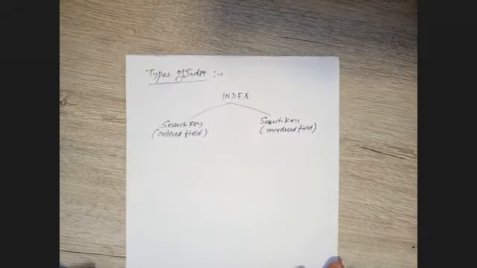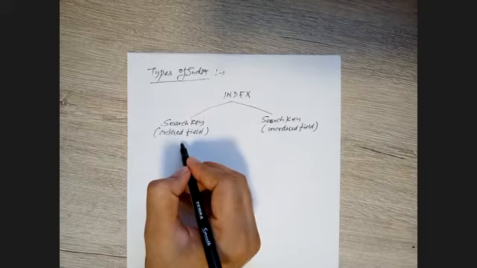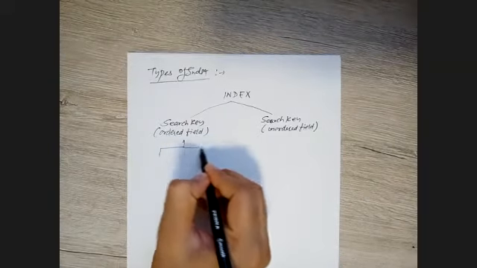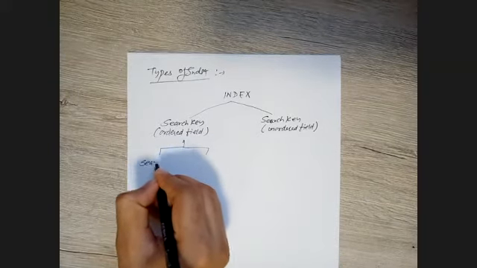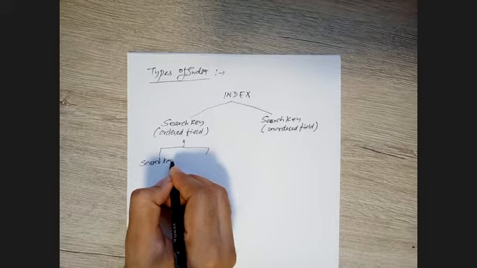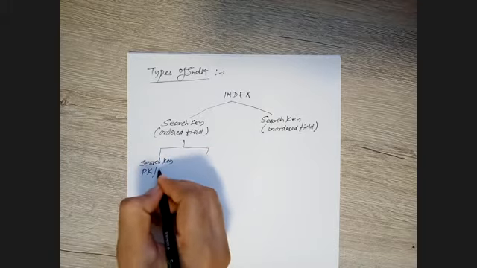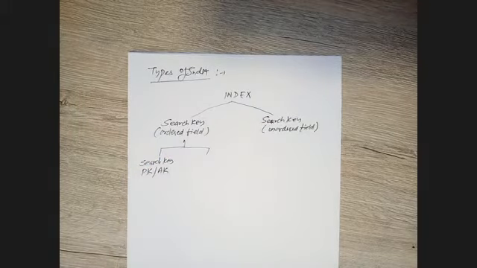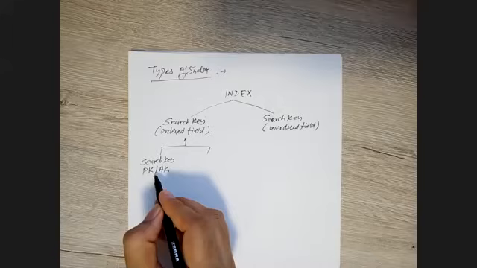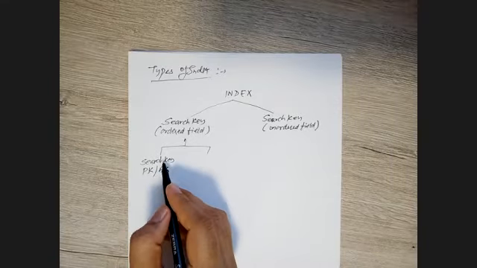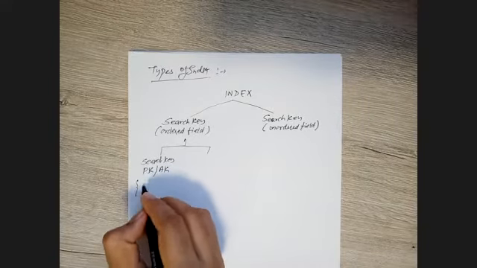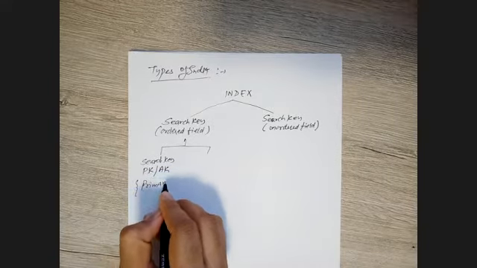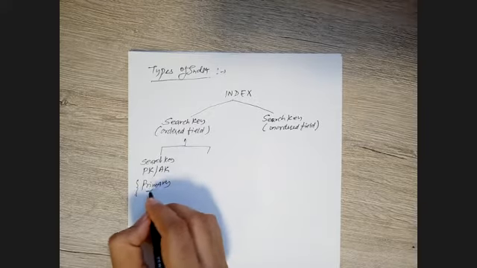So we already know, if the search key is an ordered field and your search key is either a primary key or an alternate key, then we always use primary indexing.